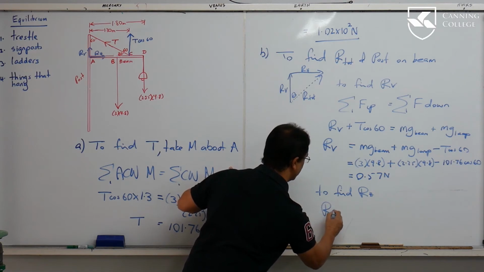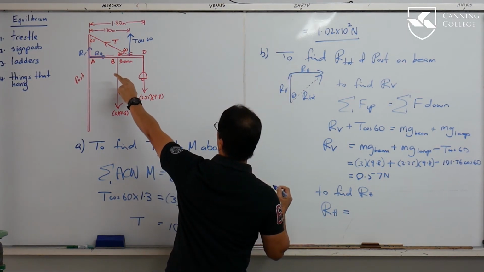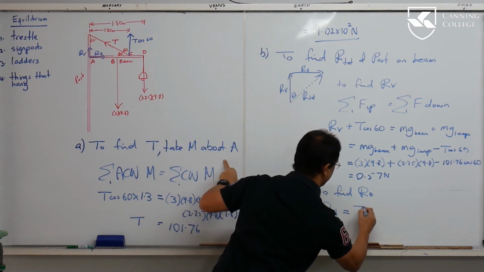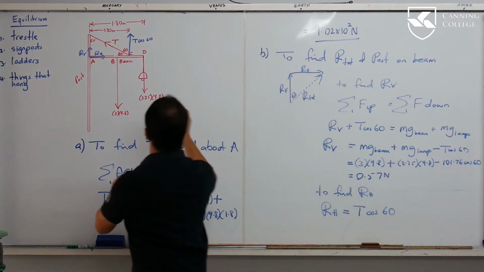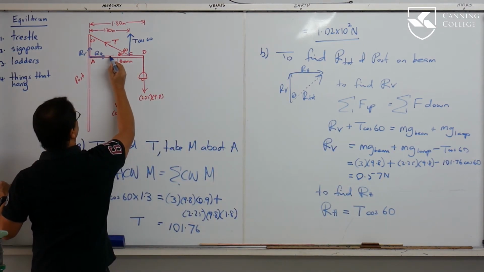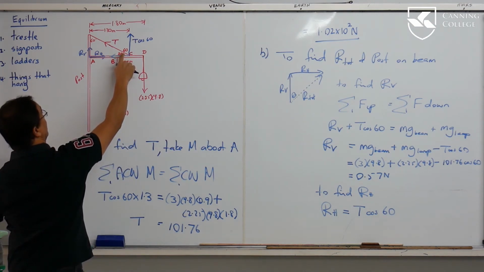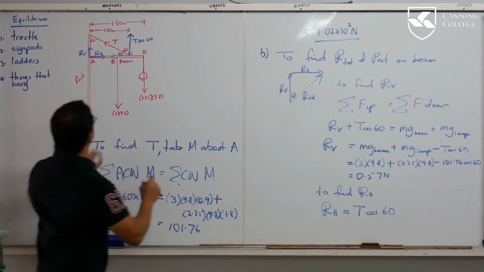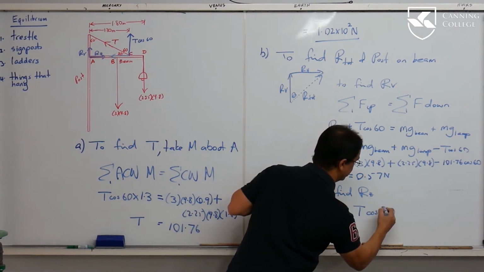Okay, RH is just going to be equal to T cosine 60. All right, so the horizontal component of tension is going to be in that direction, and that's going to be T cosine 30, not 60.